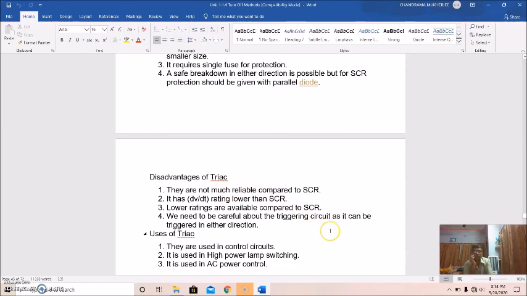Because they are not reliable like SCRs, the dv/dt rating is lower than SCRs. Lower ratings are available compared to SCRs, because we need to be careful about the triggering circuits. It can be triggered in either direction.